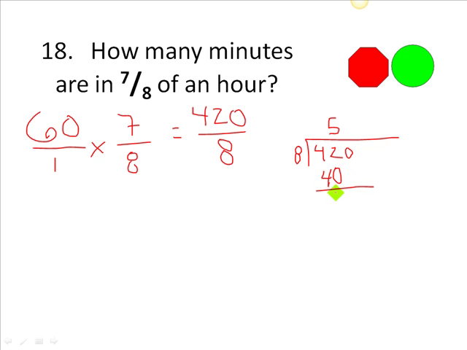Then we do our subtraction, and we bring down the 2 and the 0, and so 8 will go into 20 2 times, and that's 16, and that leaves us with 4 left over, and 8 will not go into 4. We're at the end here, so we add a decimal and go 40. 8 will go into 40 exactly 5 times.